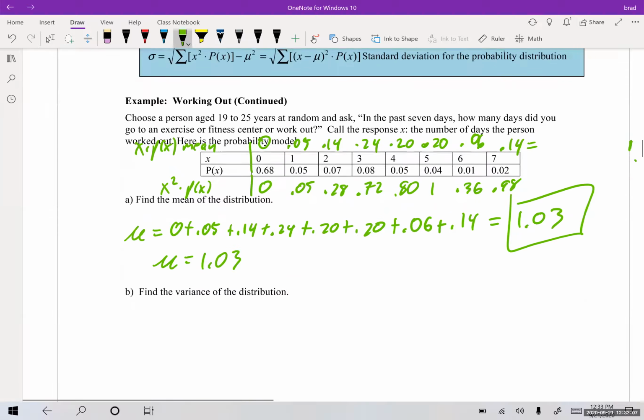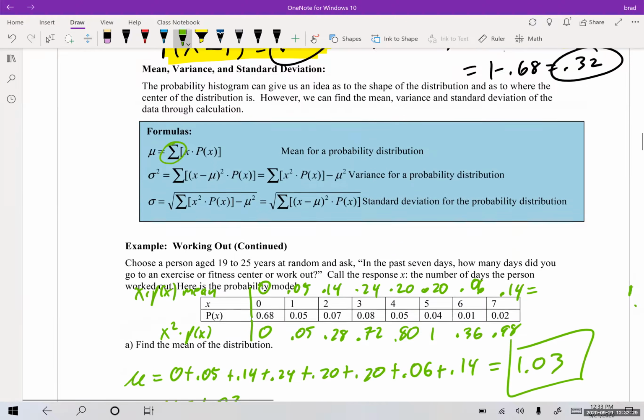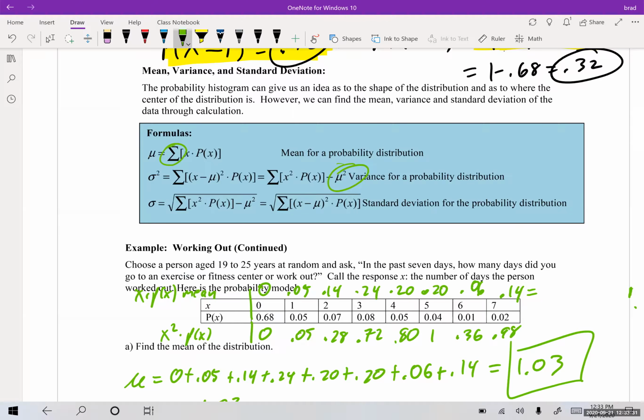Now I have to add all those up, right? So I have to take 0.05 plus 0.28 plus 0.72 plus 0.80 plus 1 plus 0.36 plus 0.98. And then I have to subtract off 1.03 squared, right? Because that's what I'm doing right here. I'm subtracting off the mean squared.